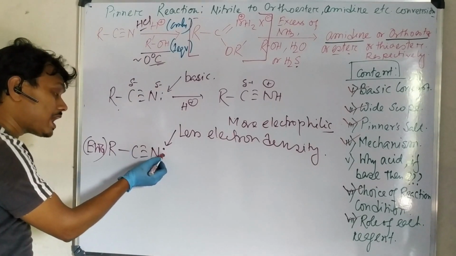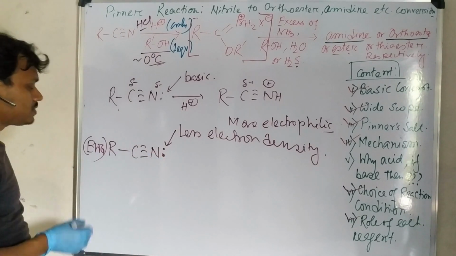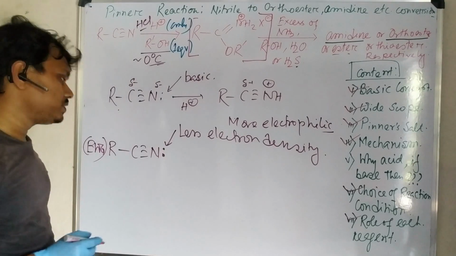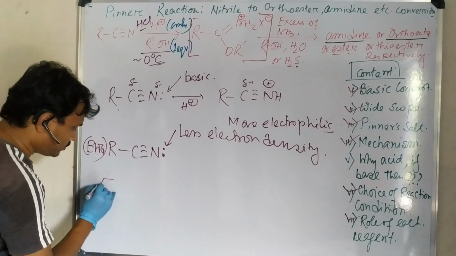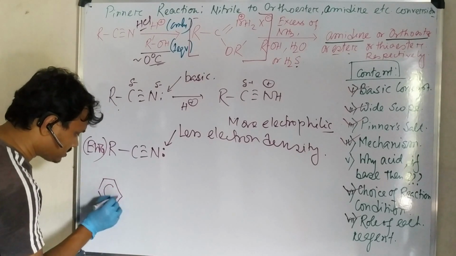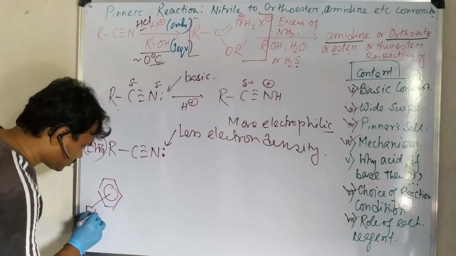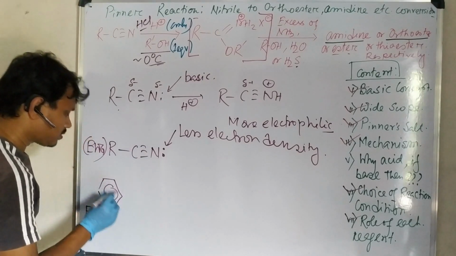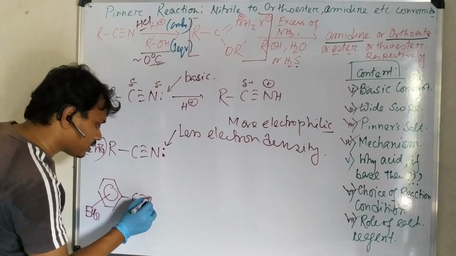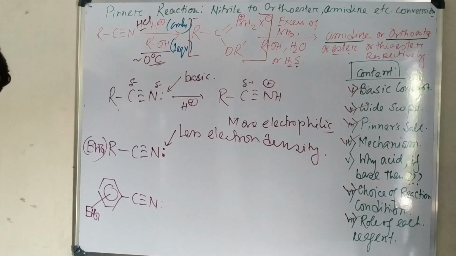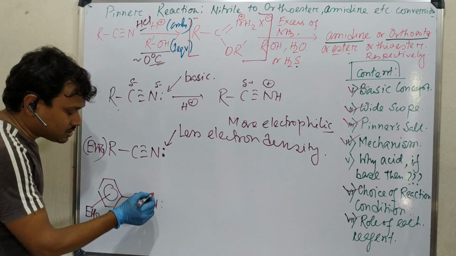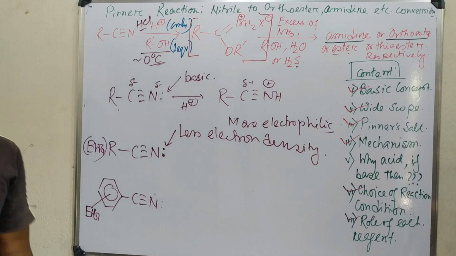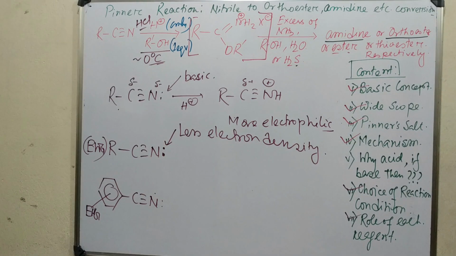I believe it is not involved in resonance, but if they are in conjugation, for example, if you take this nitro substituted group, meaning an electron withdrawing group, then it is expected that this nitrogen will have relatively less electron density.